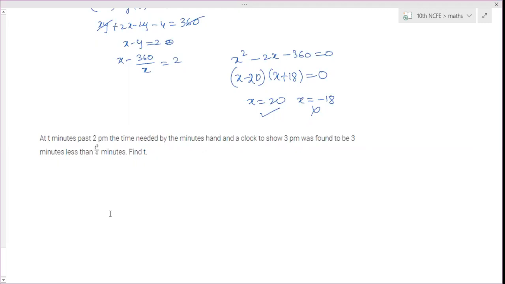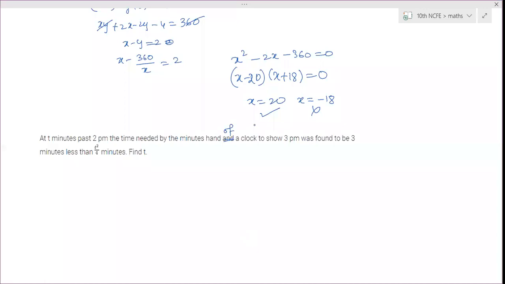At t minutes past 2 p.m., the time needed by the minute hand of a clock to show 3 p.m. was found to be 3 minutes less than t square by 4 minutes. Find t. Now it is after 2 p.m., some minutes after 2 p.m.